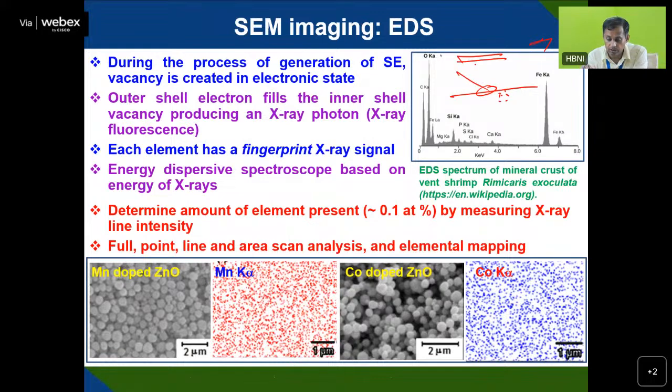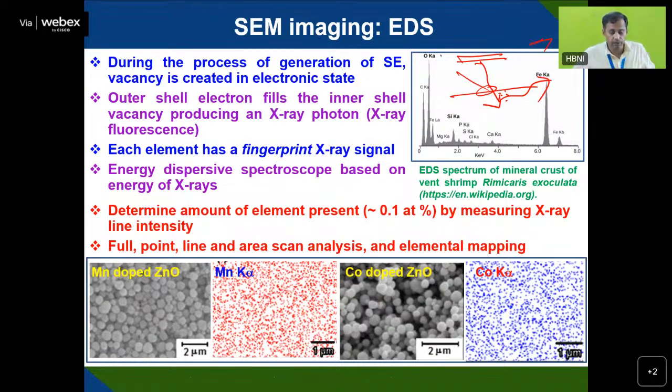An outer shell electron from the top fills the inner shell vacancy, producing an X-ray photon. So you generate an X-ray because of this. Each element has a fingerprint X-ray signal, so you can use K alpha analysis to find out the elements.